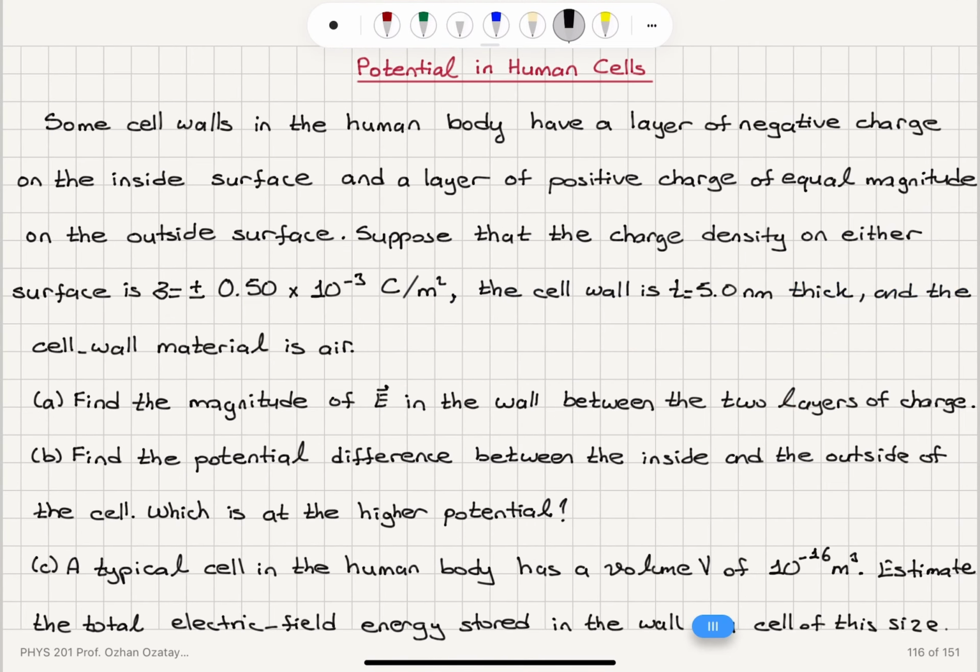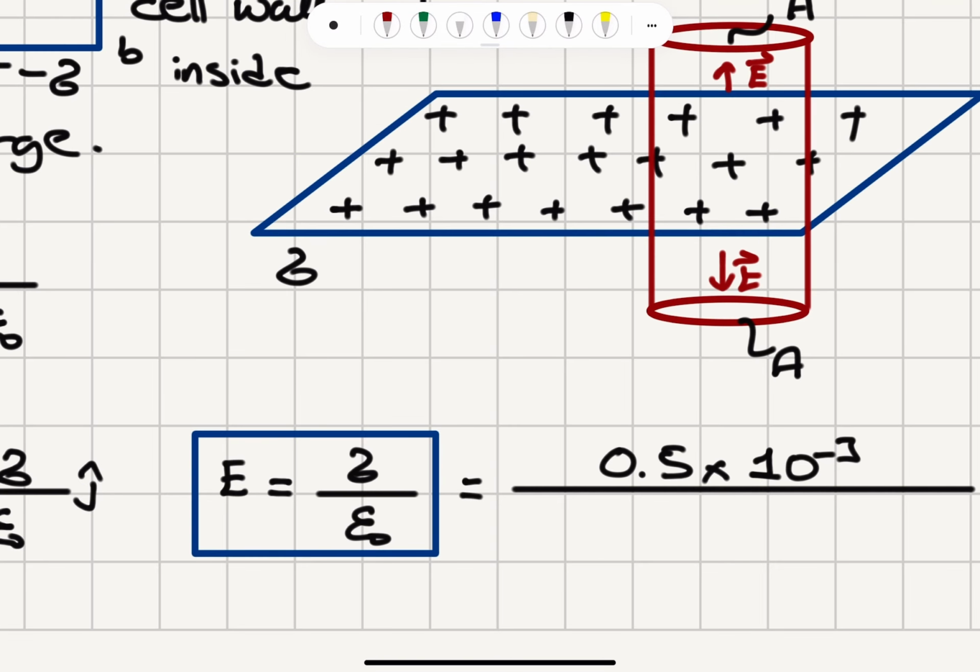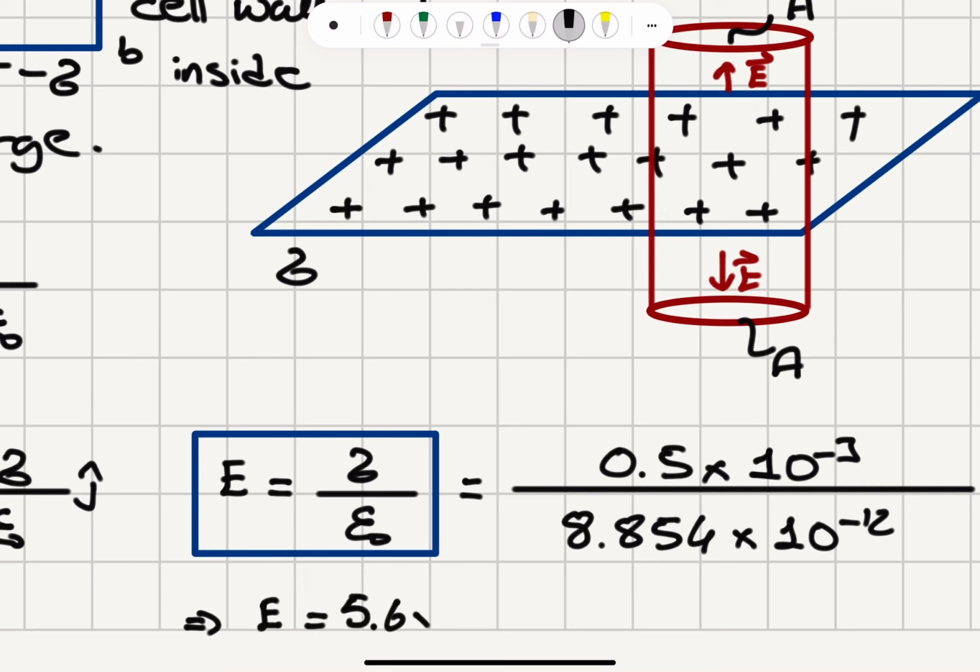Let's check the units. It was coulombs per meter square, 0.5 times 10 to the minus 3 coulombs per meter square, divided by epsilon 0, which is 8.854 times 10 to the minus 12. So this gives us an electric field magnitude of 5.6 times 10 to the 7 volts per meter, the SI unit of the electric field.